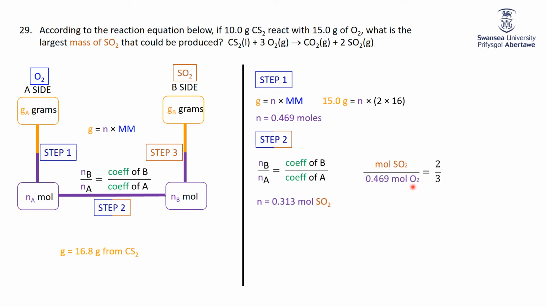SO2 is 2, O2 is 3, and then convert that to grams, and we end up with 20 grams of SO2. So we have enough CS2 for 16.8 grams. We have enough O2 for 20 grams. Unfortunately, 20 grams is too much. Thus, this is from the excess. So O2 is in excess, and CS2 is the limiting reactant.